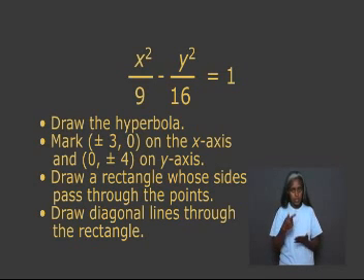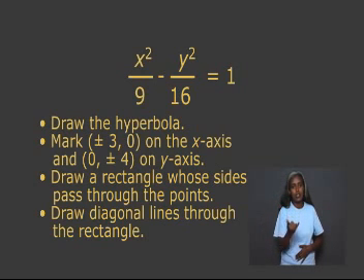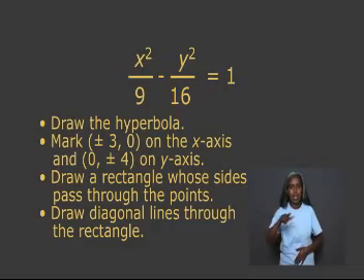Then draw a rectangle whose sides pass through the coordinate points and are parallel to the coordinate axes. Finally, draw diagonal lines through the rectangle. Go ahead, students. We will review your results when I return.